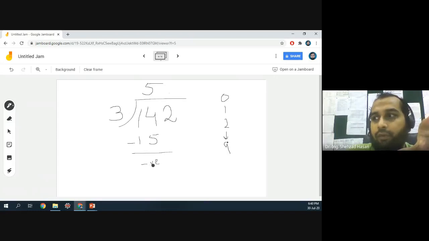So we should go back one more step. It shouldn't be 5, it should be the last one. The first negative that you get means that the previous one was correct. So instead of 5 it should have been 4.